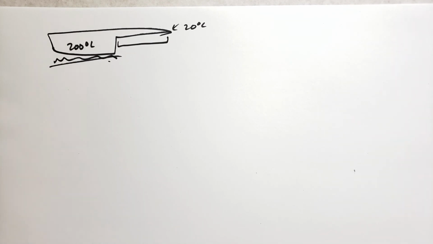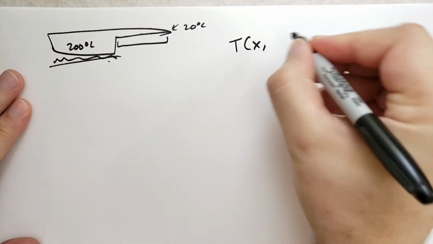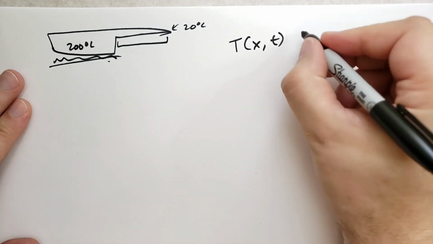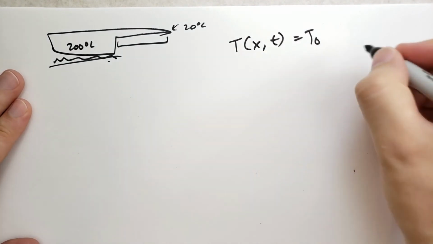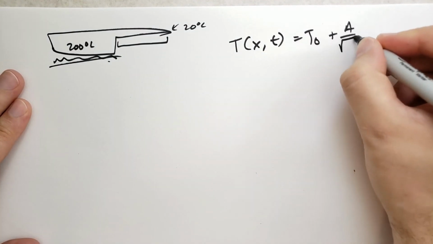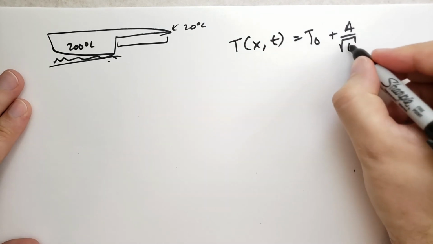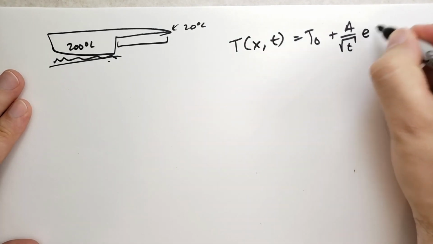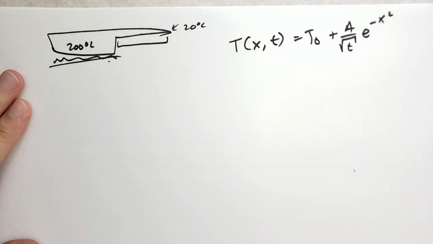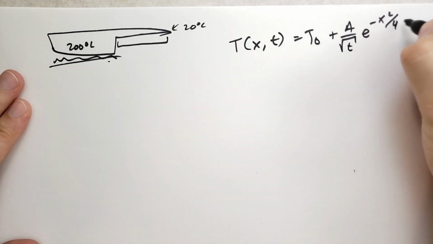162 is a more involved problem. This is probably more challenging because it involves calculus and things like that. So in this one, you're going to derive the heat equation. The heat equation follows this form: the temperature at position x at time t is equal to the initial temperature plus the area divided by the square root of the time spent, e to the minus x squared divided by 4 capital K t.